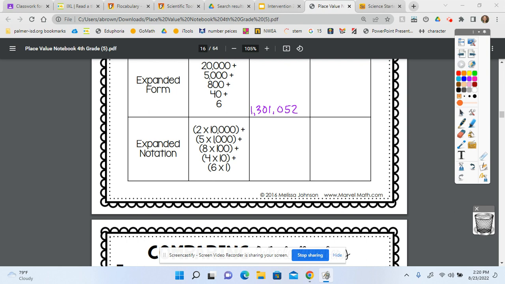What kind of bills do you need to hand this person to create this amount of money? So we're going to start with the largest digit, which is the 1 right here. I'm going to need a $1 million bill, all in parentheses. Plus the next digit, which is a 3. The place that the 3 is in, we need $300,000.